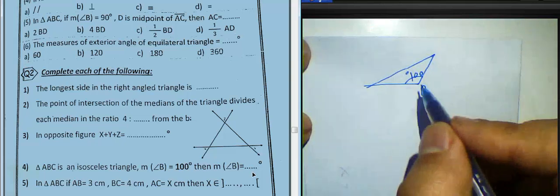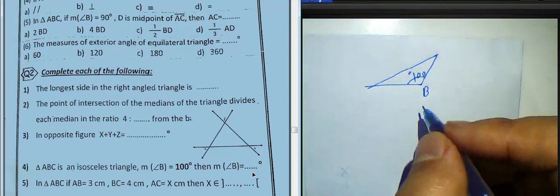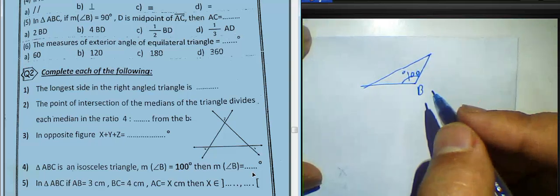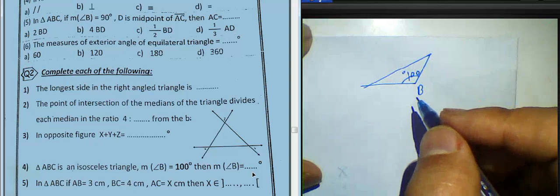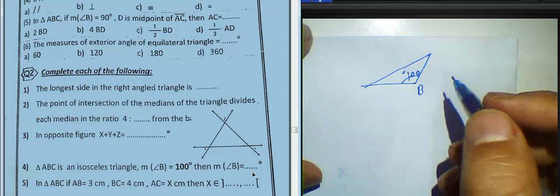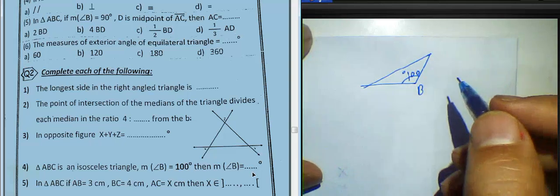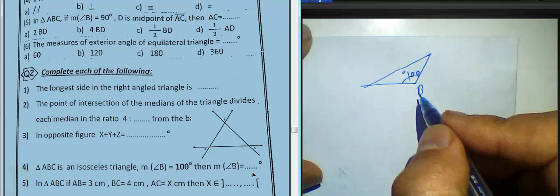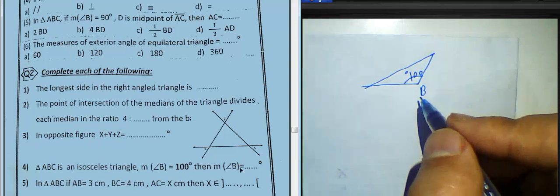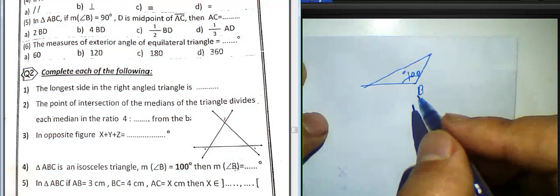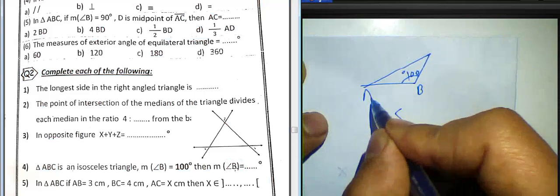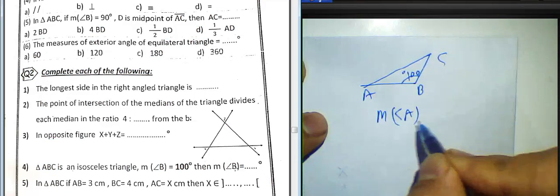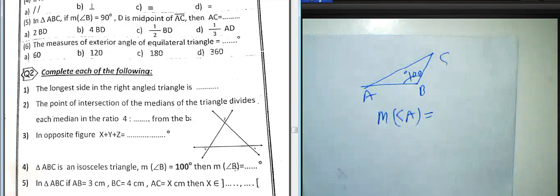We know the sum of interior angles of any triangle equals 180, so we can find the measure of the other angles. ABC is a triangle and angle B equals 100 degrees. We must fix this sign here. He must ask about the measure of angle A or C. It's wrong in this example.